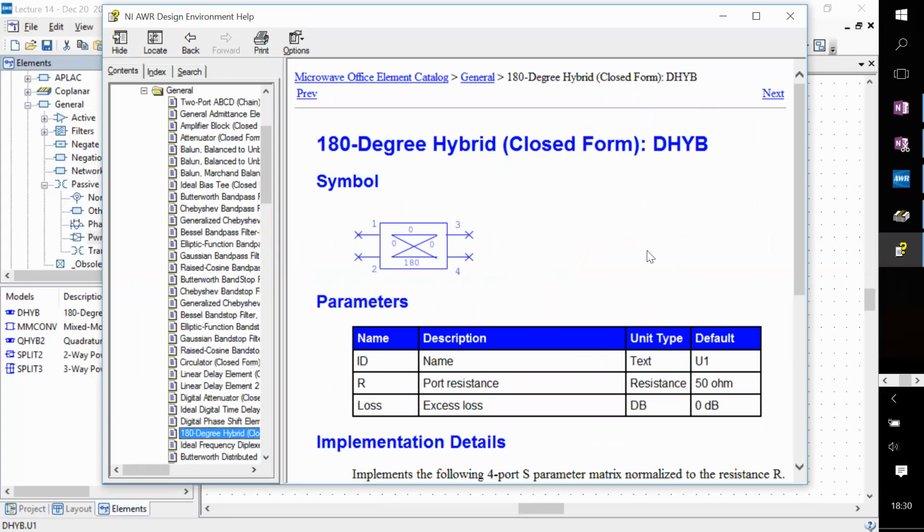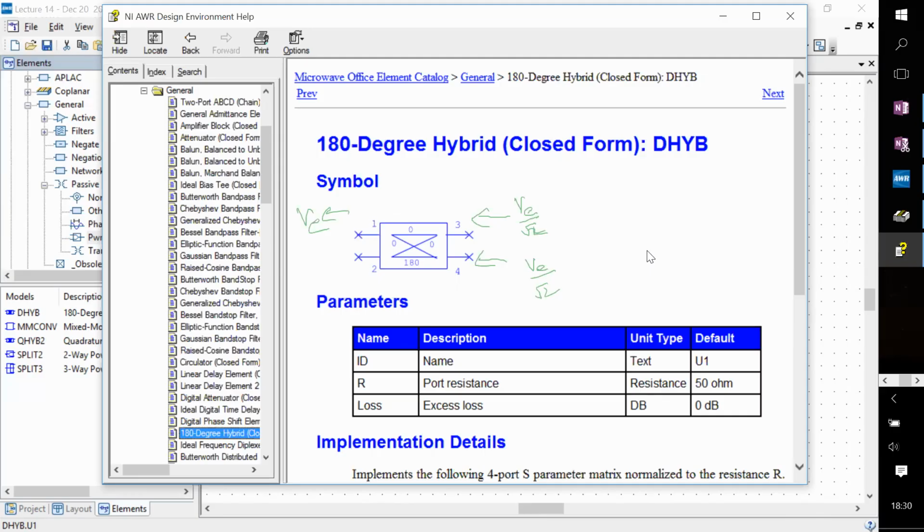So not only does it do the splitting in this way, what it also means is that if I have a signal coming in to this port, which is of this type, then this entire thing will come out of port 1. So if I send two in-phase signals which are identical, it will come out of port 1.